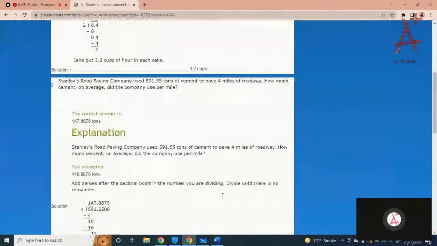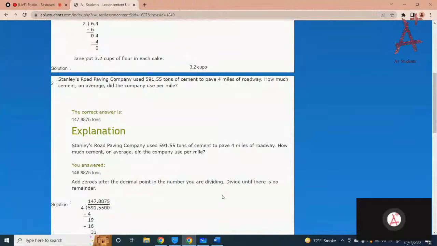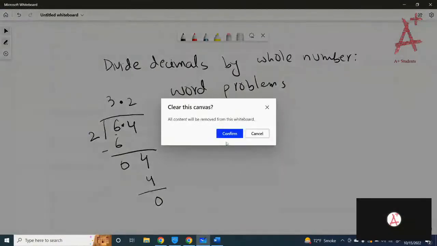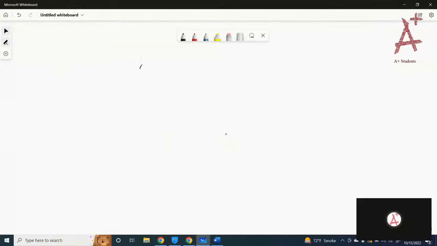The next one: Stanley's Road Paving Company used 591.55 tons of cement to pave 4 miles of roadway. How much cement on average did the company use per mile? So you have to divide 591.55 by 4.